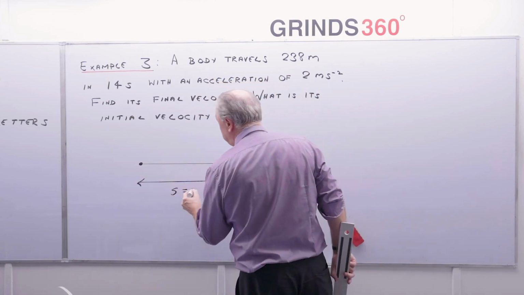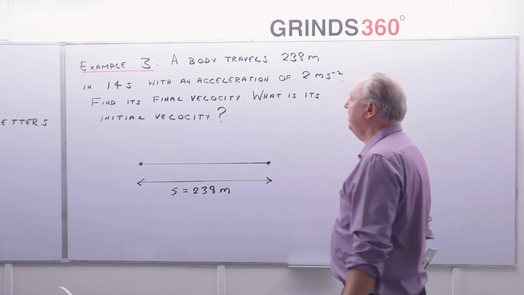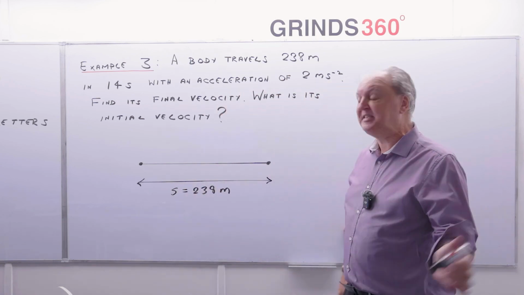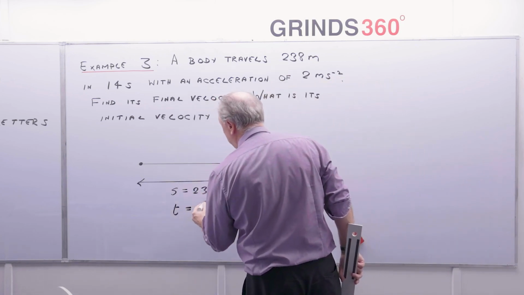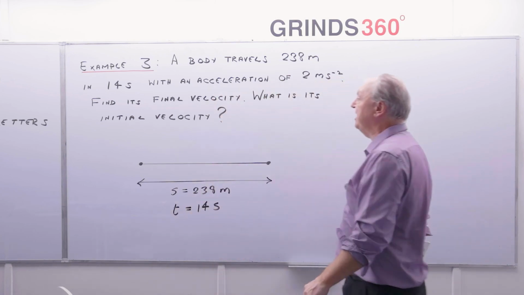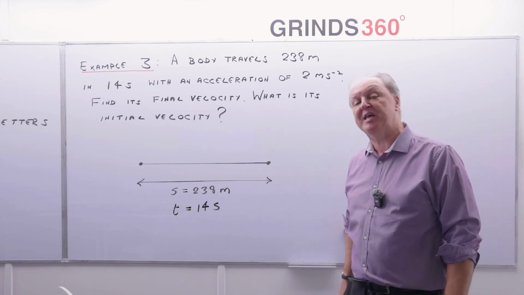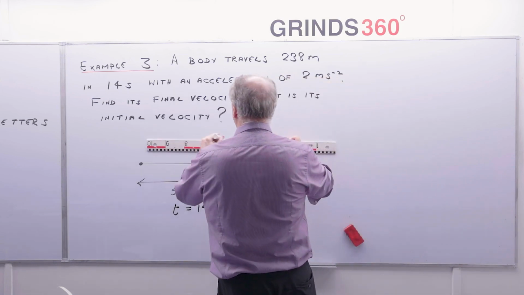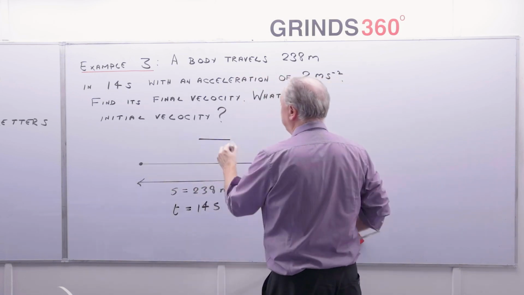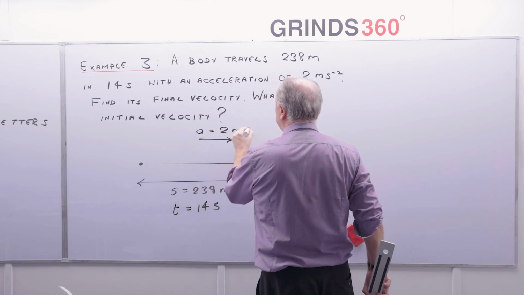S is 238 meters. The time it takes to travel that distance, that's 14 seconds. T is 14 seconds. Do I have any other information? Yeah, I'm told it's got an acceleration of 2 meters per second squared. I always put the acceleration off the diagram like this as an arrow, and I write down that A is equal to 2 meters per second squared.